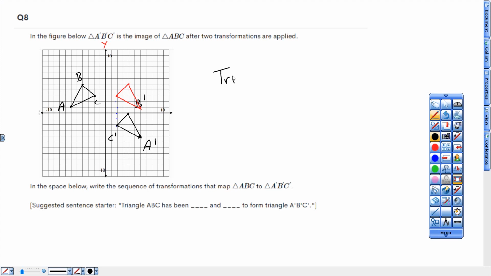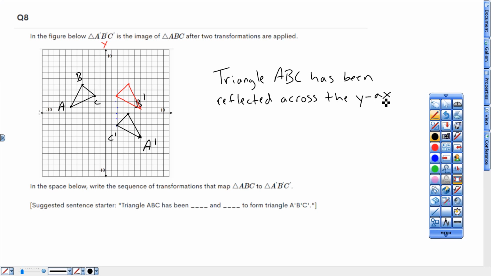Triangle, look at that capital letter. Triangle ABC has been reflected across the y-axis. Sorry if I spelled across wrong.